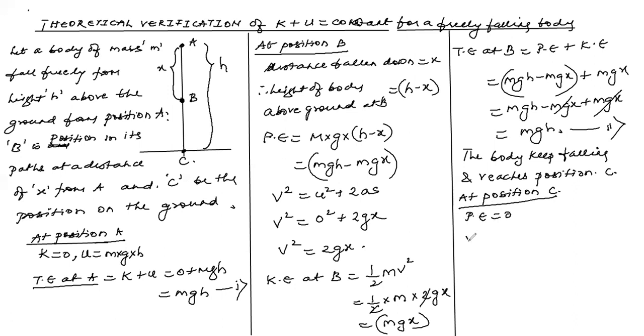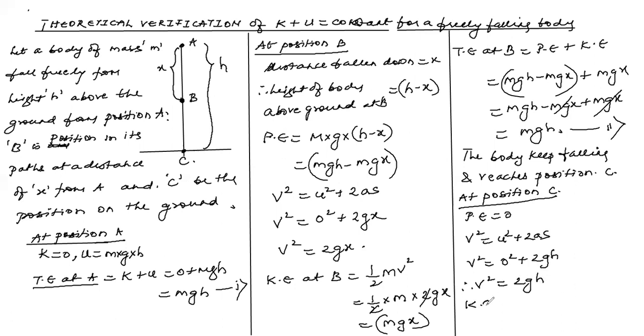So you see here, v square equal u square plus 2as. V square, what is the final velocity? U square is 0 plus 2g, and it has traveled a distance h now. Therefore, v square equal to 2gh.